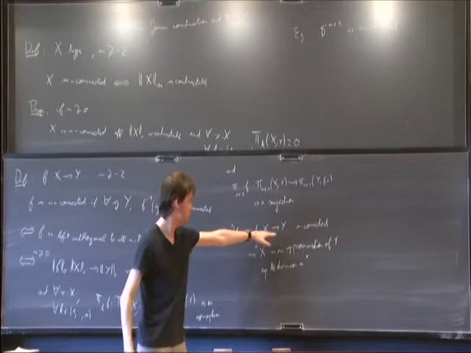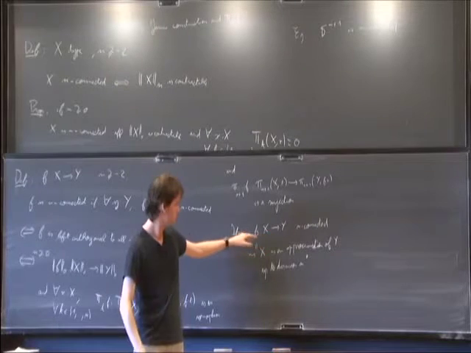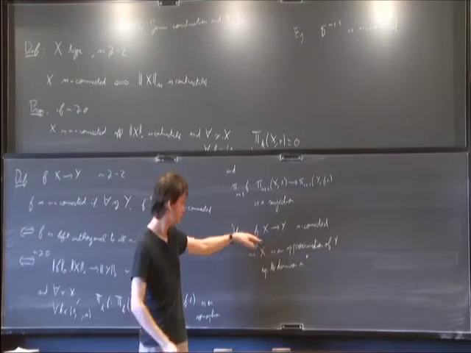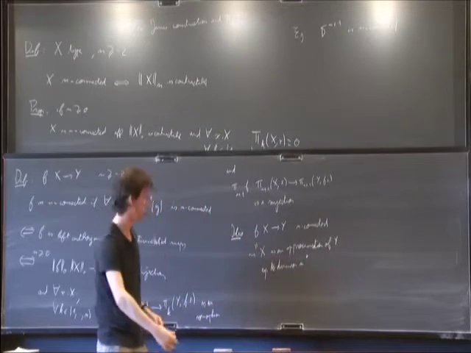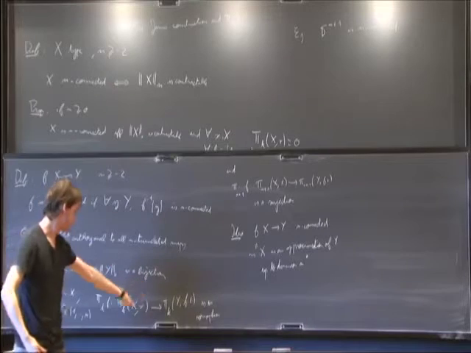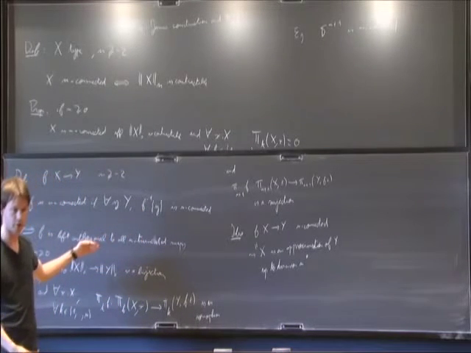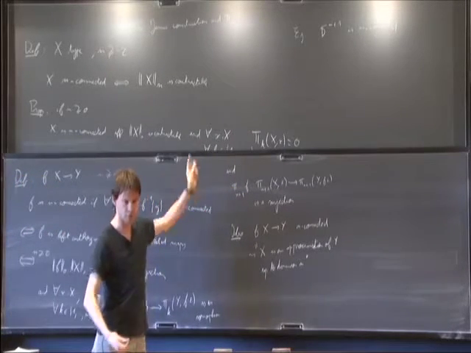So say you want to study some space Y, and you know the space X. If you find a map from X to Y which is n-connected, then you know basically everything in Y up to dimension n, because this is exactly what this theorem says. You know all the homotopy groups of Y because they are the same as those of X, and you also know that this is a surjection.